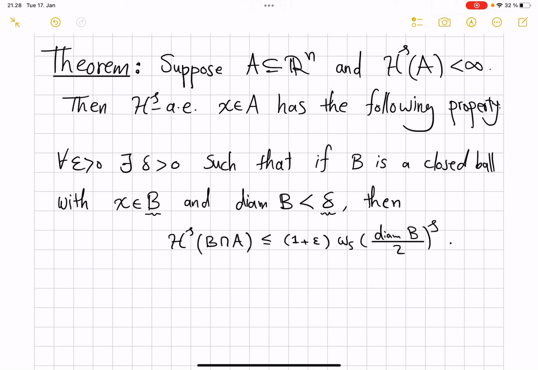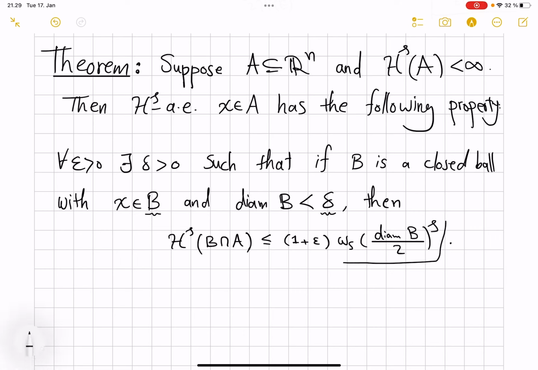That means the part of the set A inside B, which you can also say is just the intrinsic ball in the space A, because in the relative topology that's exactly the ball in A, has measure less than this quantity.